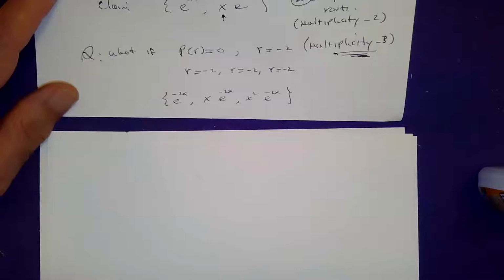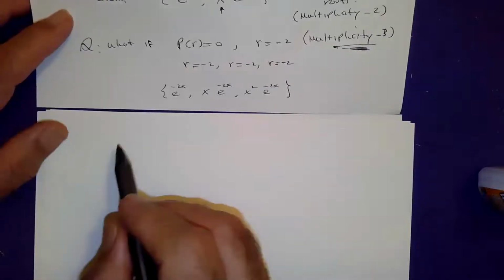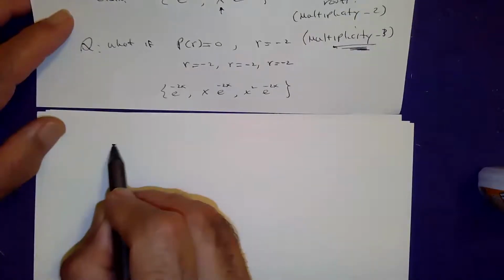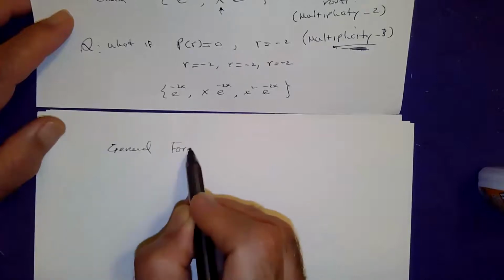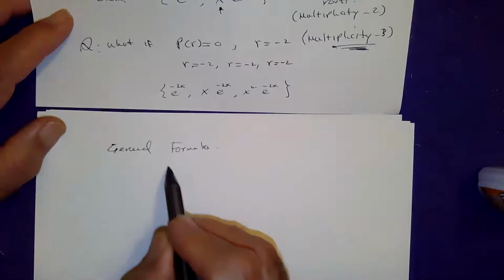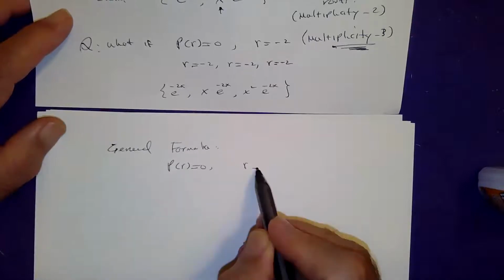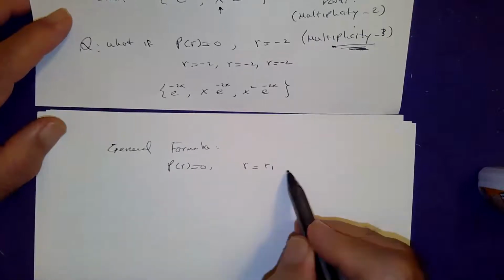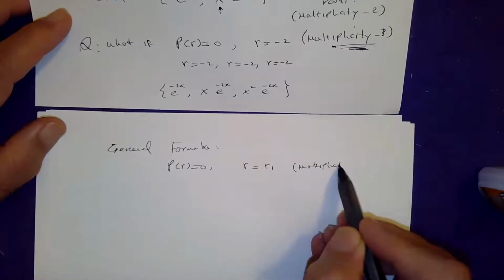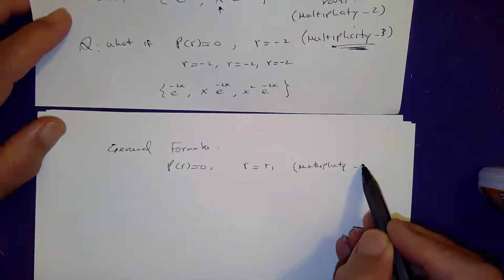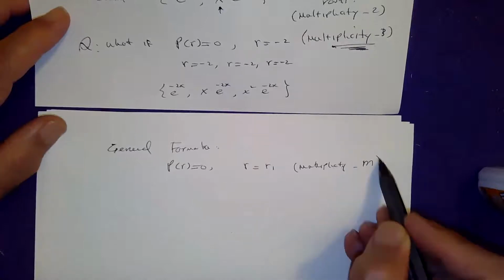Here is a general formula. Suppose I set up the auxiliary polynomial and I came up with a root r1 with multiplicity m.